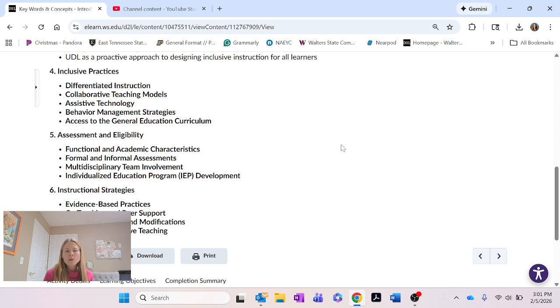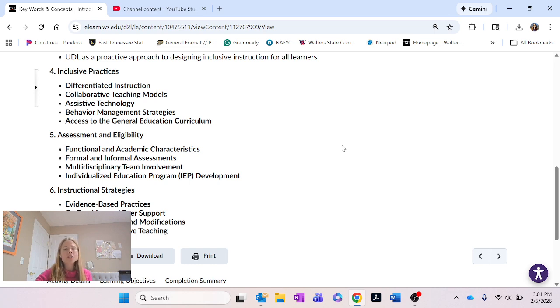What type of formal and informal assessments would we use? Usually there's a multidisciplinary team that is put together when we're looking at eligibility. And then whenever we feel like that student can receive services, we have to have that team help us develop what we call an IEP, also known as an individualized education program.